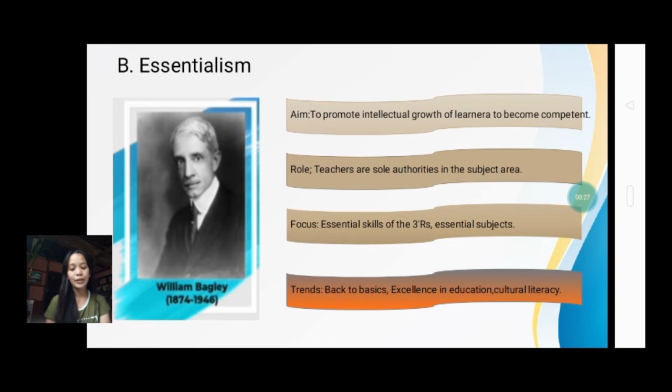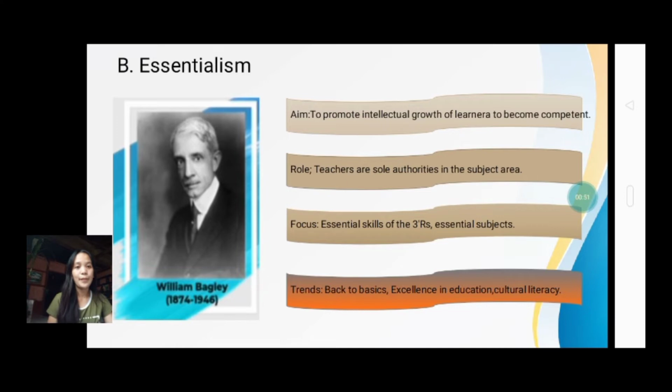The aim of education is to promote the intellectual growth of learners to become competent persons. If you can see, previously the aim of perennialism is to educate the rational person, just a rational person. But in essentialism, you are now promoting the intellectual growth of the individual.